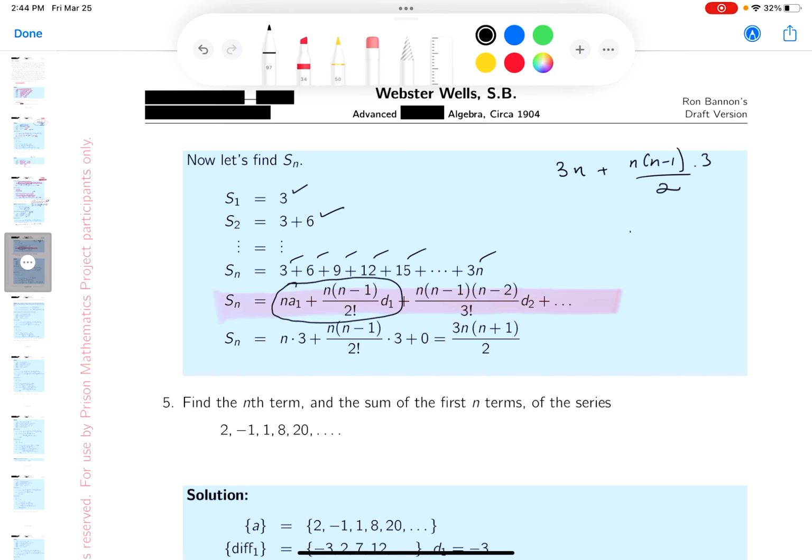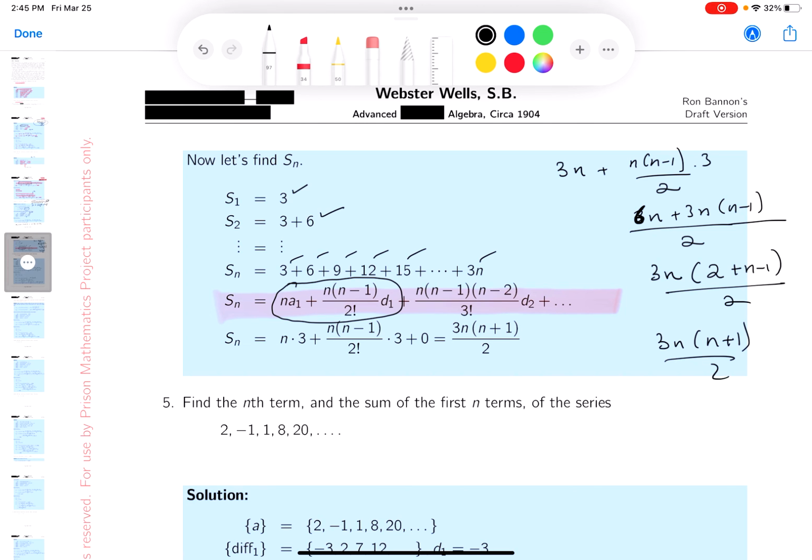I've got to add that together. Common denominator of 2. You would get 6n plus 3n times n minus 1, over 2. I'm going to factor out a 3n from that. And what would you get? 2 plus n minus 1 over 2, which would be 3n times n plus 1 over 2.